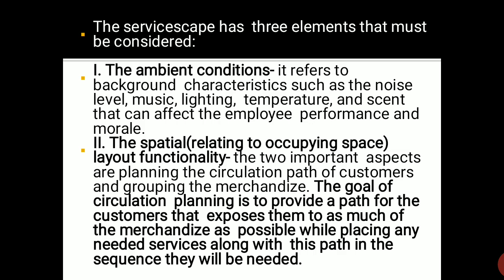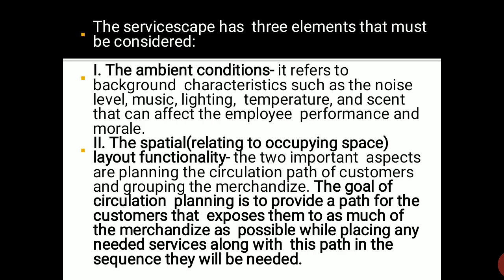It should not be noisy, the music is being played, the lighting effects are good, the temperature is being controlled, or maybe the whole area is being perfumed properly, there is a scenting effect. All these create a good image, a good impression on the customers and clients. That is why Bittner has coined the first thing of servicescape. That means when we are arranging the service area, we have to keep the ambient conditions in mind, right?